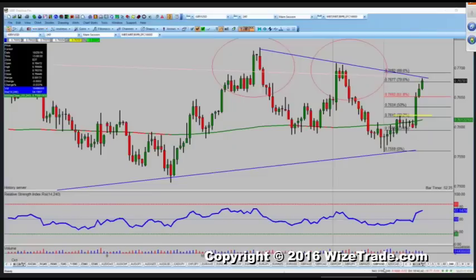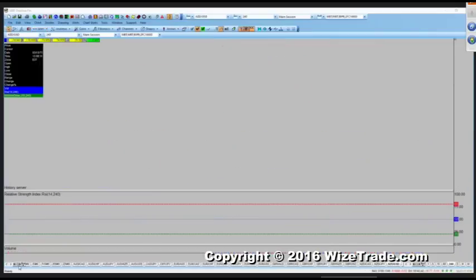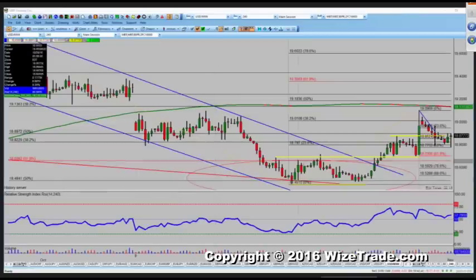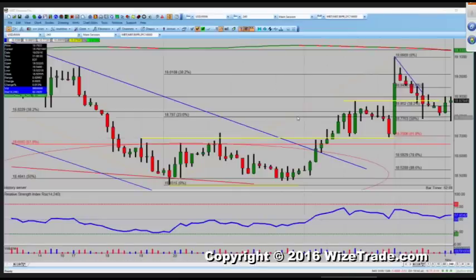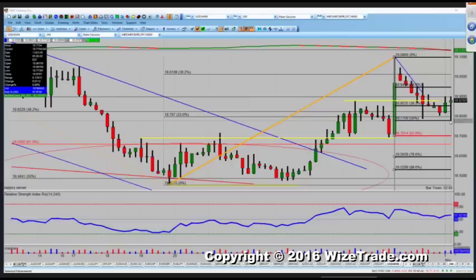Let's take a look at the peso. This is one of those pairs that I actually want to be long going into the election. Low to high, the 50% retracement is holding, and that's at 18.77. We're going to write down 18.77 as being support.